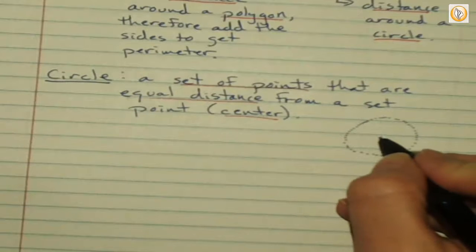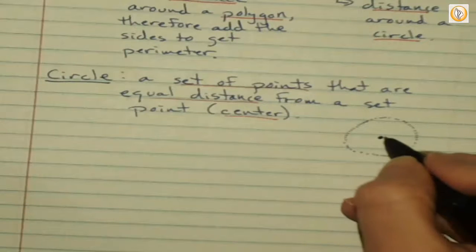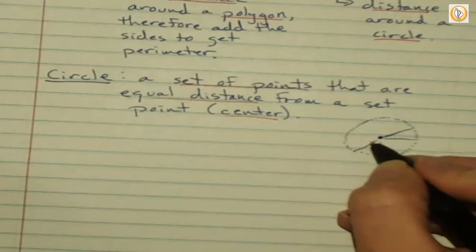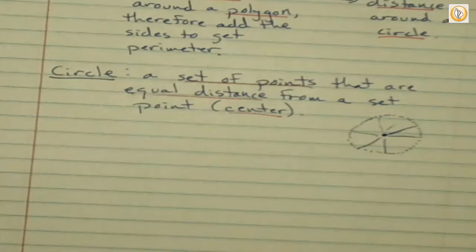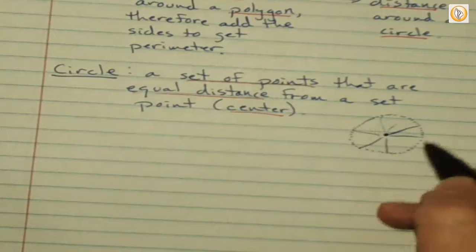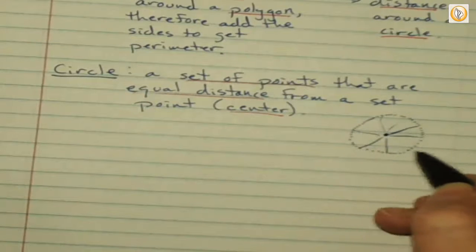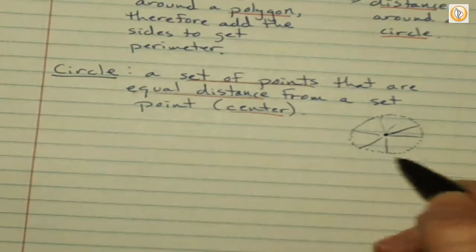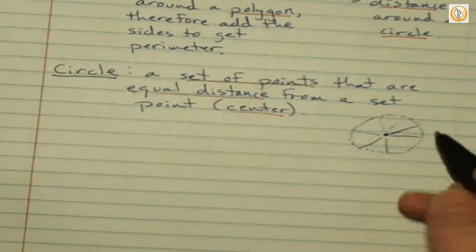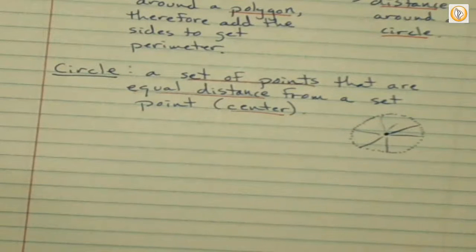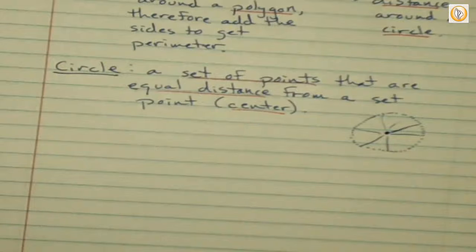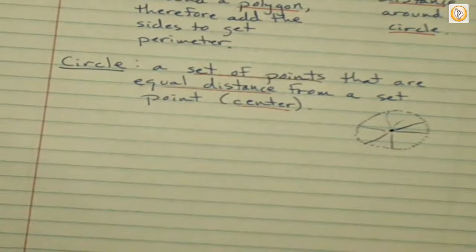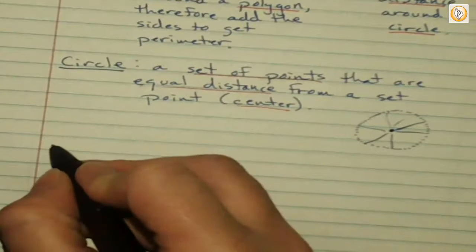All equal distant from the center. Something like that looks like an eyeball. So a circle is a set of points. There's a million little points so close together that it looks like a straight line. But it's equal distant from the center point. And that's a terrible circle. That's what that means.